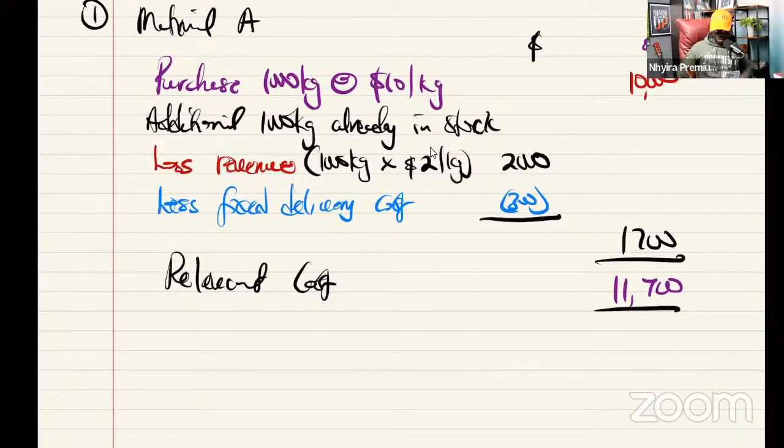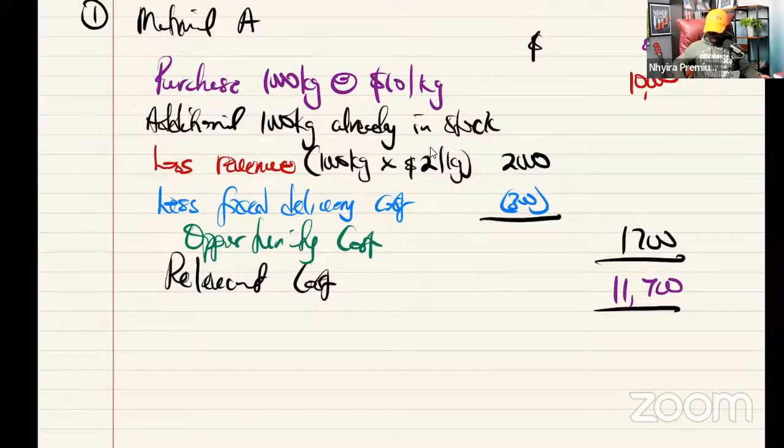Technically, that is an opportunity cost for us in case you want a terminology, because they will not get it. So it's more or less like an opportunity cost. They would have to not sell it so that they can use the material for this particular project. So that is the idea about this material A.